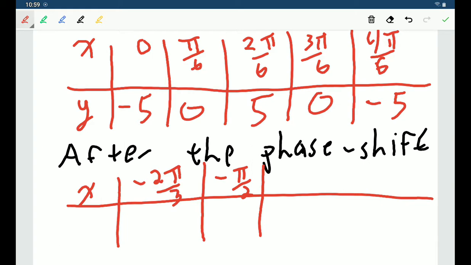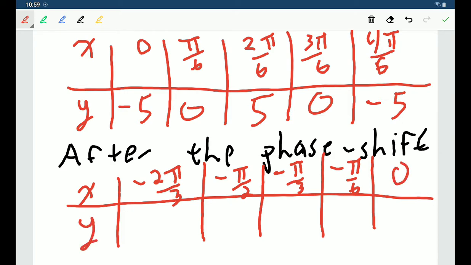Okay, continuing along, 2 pi over 6 minus 2 pi over 3 gives me negative pi over 3. 3 pi over 6 minus 2 pi over 3 gives me negative pi over 6. And 4 pi over 6 minus 2 pi over 3 gives me 0.